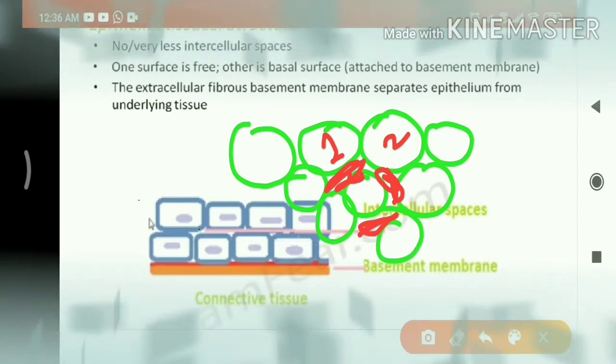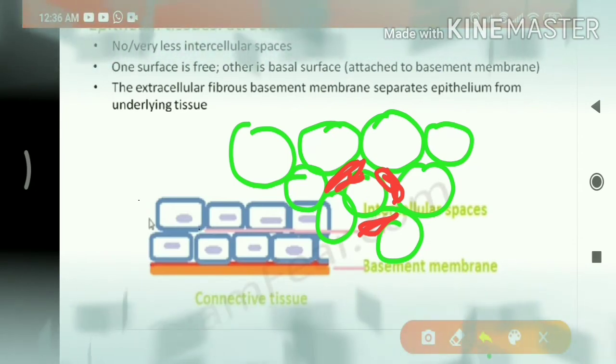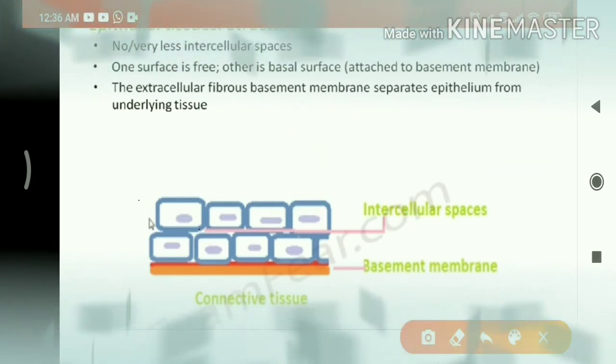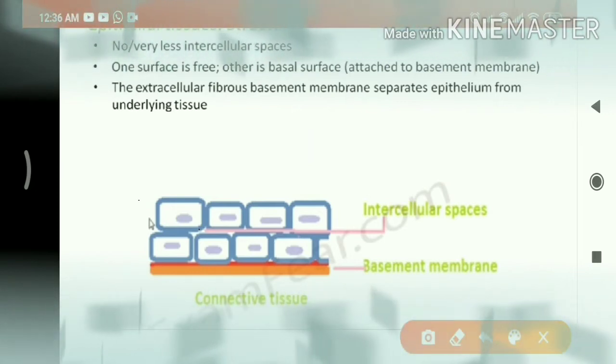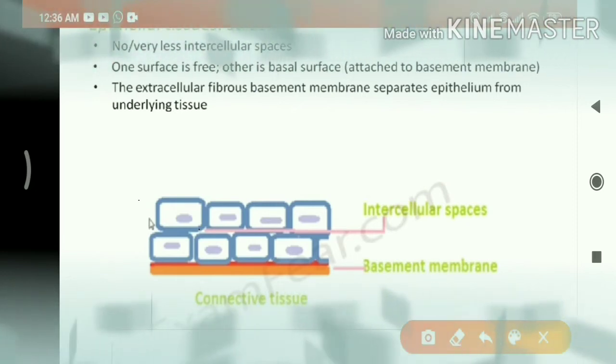So one cell and then another cell and another cell get together, arranged properly to form a tissue. When they are arranged, there is some extracellular gap, right? Here you can see the gap between one cell and another.